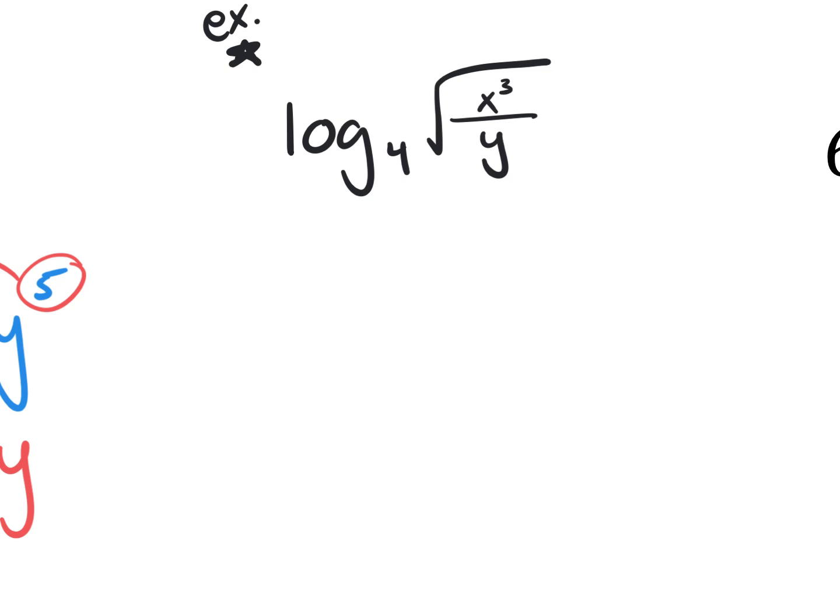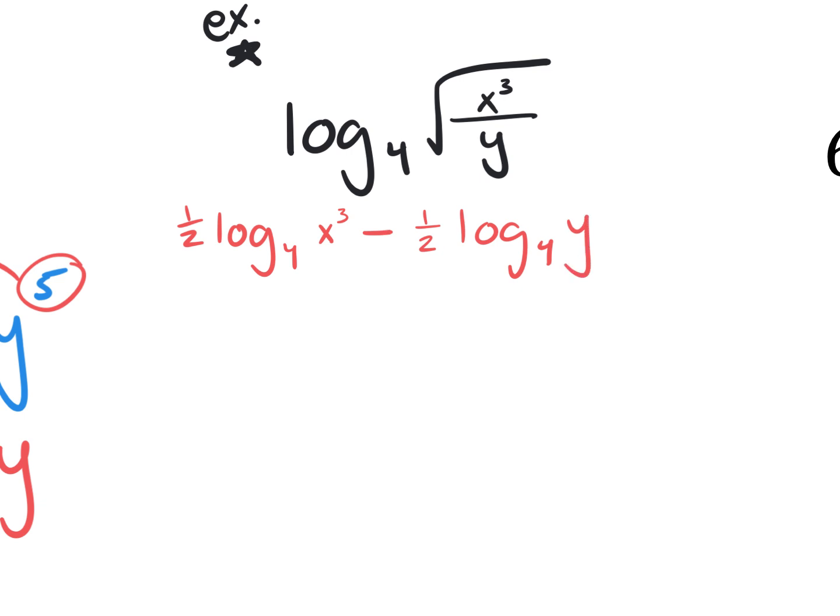Olivia. Awesome. So because the x to the 3rd power and the y are under the square root, a 1/2 is going to go in front of both of them. And I'm going to separate them with subtraction since I'm dividing. So this would be 1/2 log base 4 of x to the 3rd power minus 1/2 log base 4 of y.